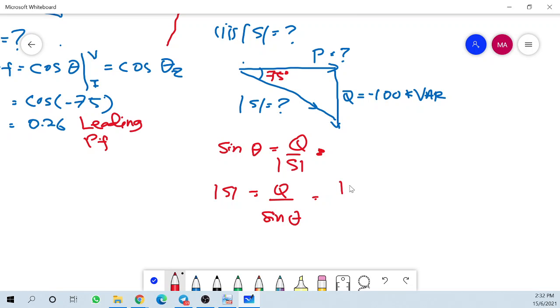In this case Q is given as 100 k, divided by sin 75 degrees.